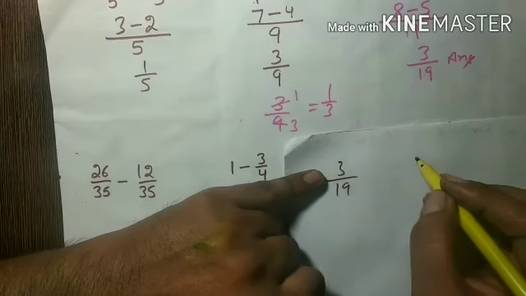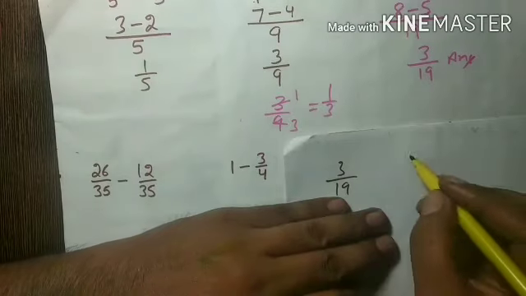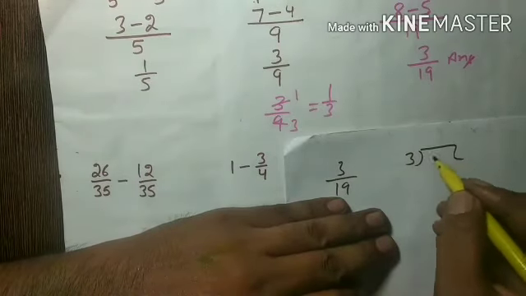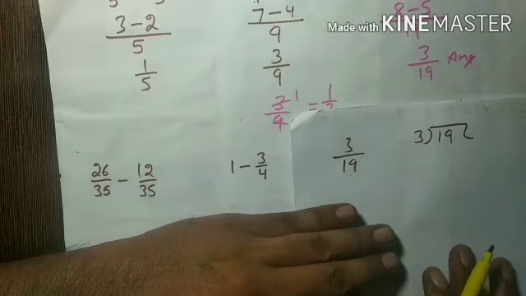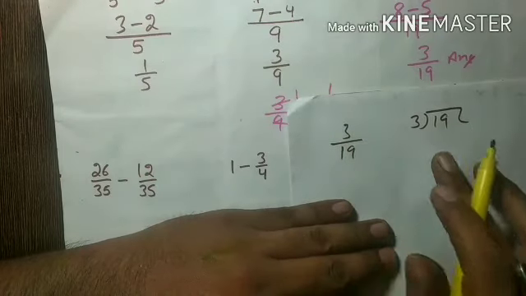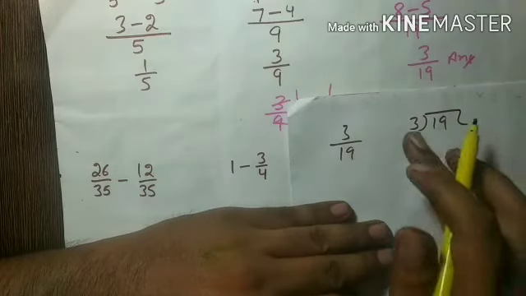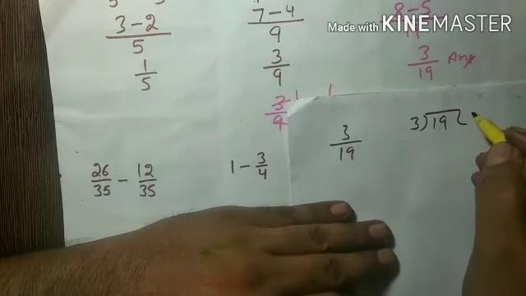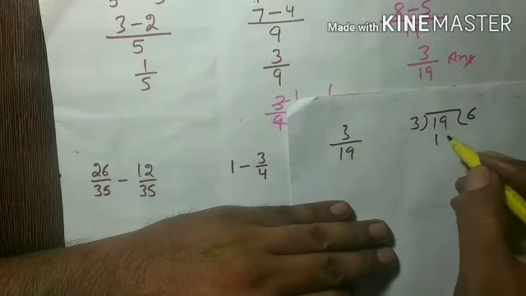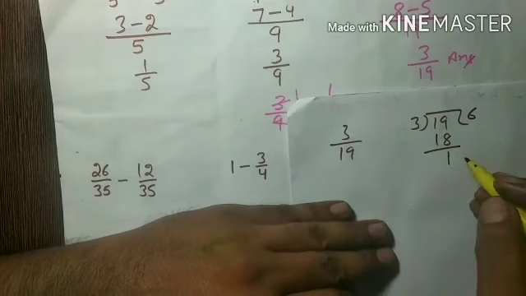Now we have to find the HCF, and for the HCF we will divide the greater one by the smaller one. So 19 is greater and 3 is smaller. So I will divide 19 by 3. So 3 fives are 15, 3 sixes are 18. Okay student. Now what is the remainder? 1. Now I will have to apply long division.